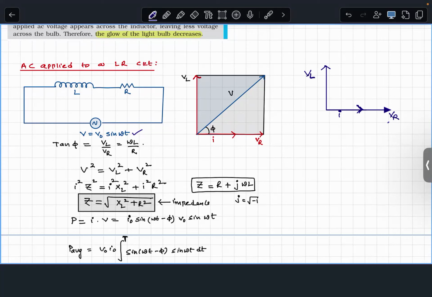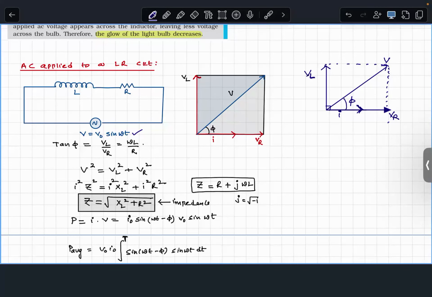You already know the voltage across an inductor leads the current by 90 degrees. What is this vector? That's the applied voltage, and the applied voltage leads the current by phi in this case.